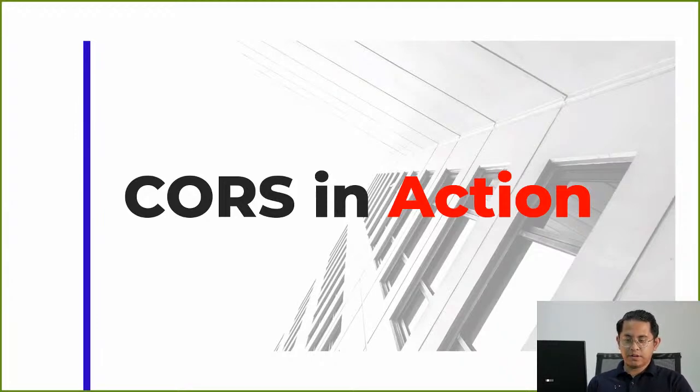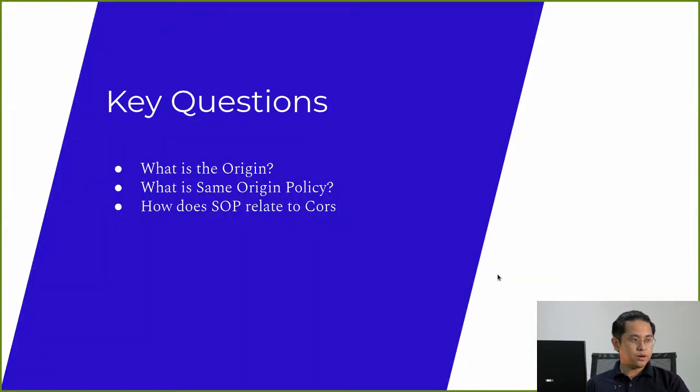Here are the key questions we are going to answer later. The first is: what is an origin? We have to learn this first, because origin is the O in CORS, cross-origin resource sharing.